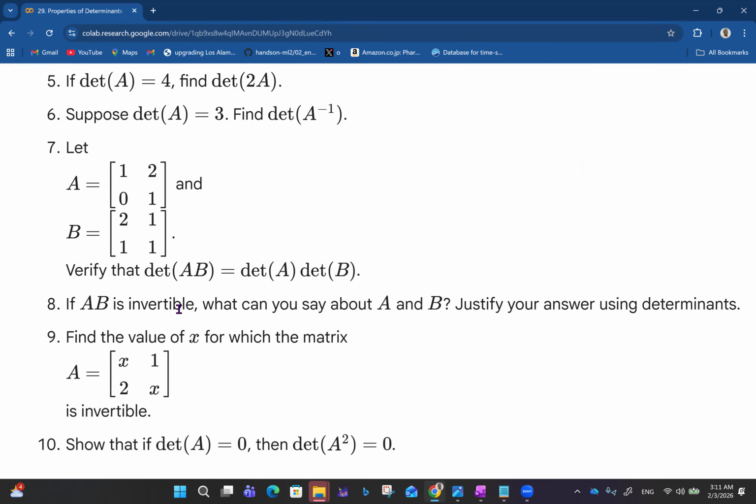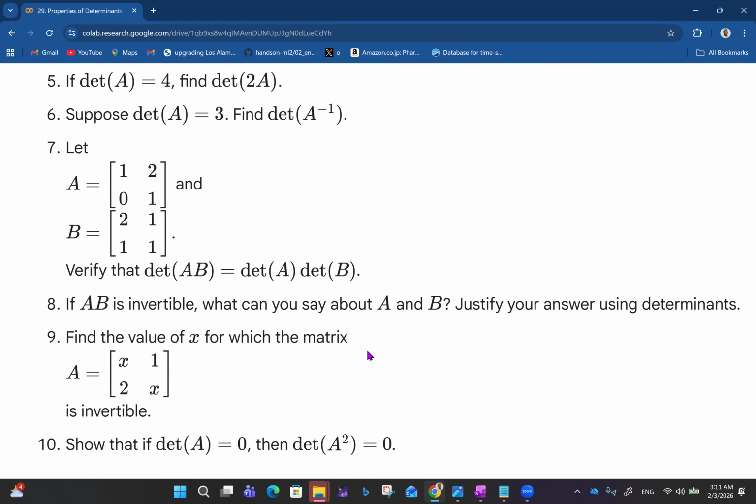If AB is invertible, that means the determinant of AB is equal to a given determinant, let's say K, so the determinant of AB is actually the determinant of A times the determinant of B, like that.